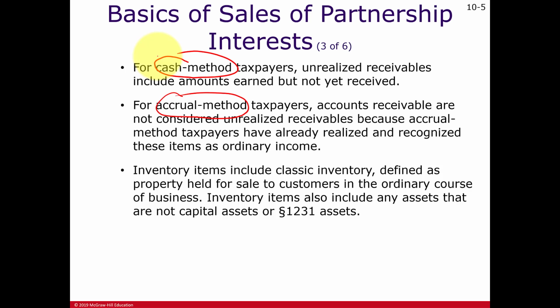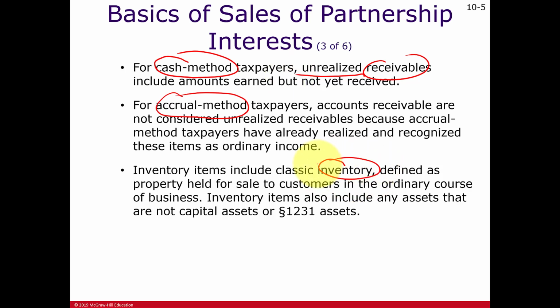But that income that's owed to them, the receivables owed to them, still has value. Here we call it unrealized receivables. And someone has to report this as income, ordinary income. And to be fair, if a partner is receiving a distribution, even a liquidating distribution, maybe part of that distribution should be treated as ordinary income.